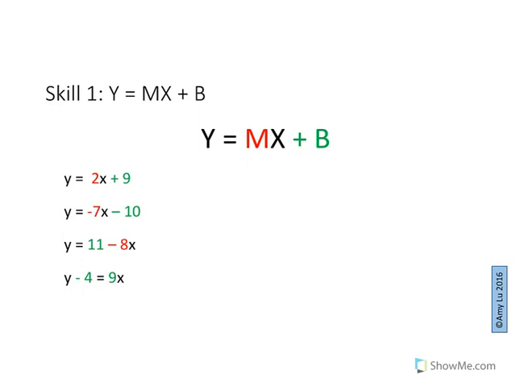So here we go. The general formula for any straight line graph, a graph that just makes a straight line on the coordinate grid, is this format, y equals mx plus b. And as we talked about in previous chapters, the value next to x is always considered your gradient, meaning how steep the line is, very steep, not very steep at all, or if it's going up or going down.